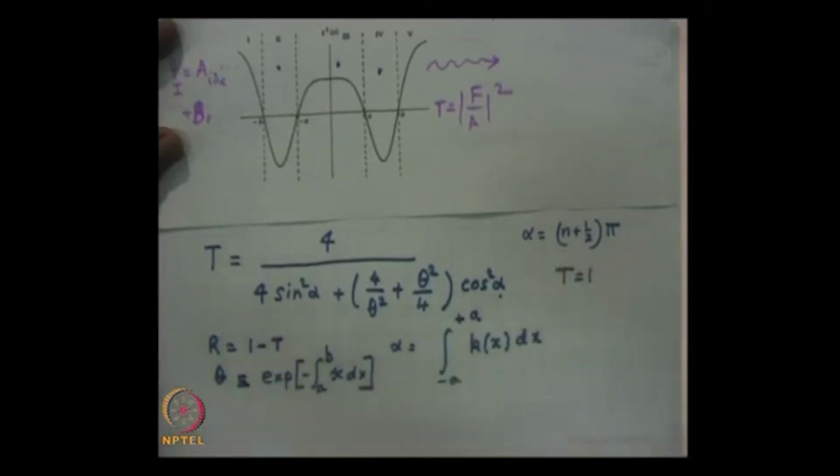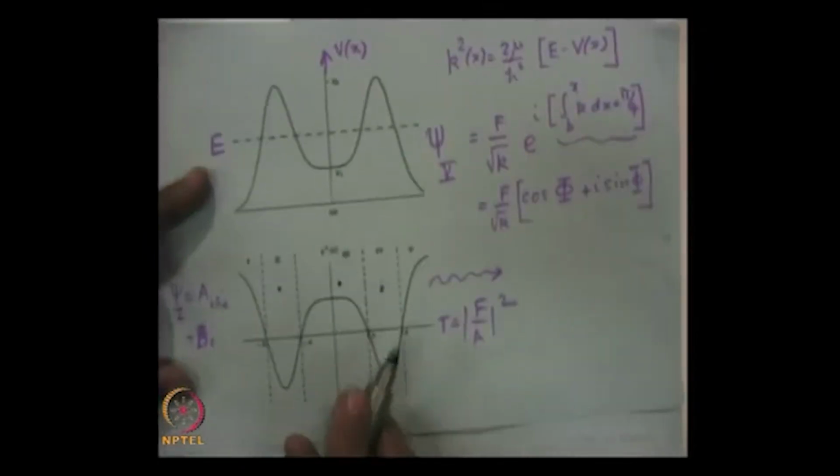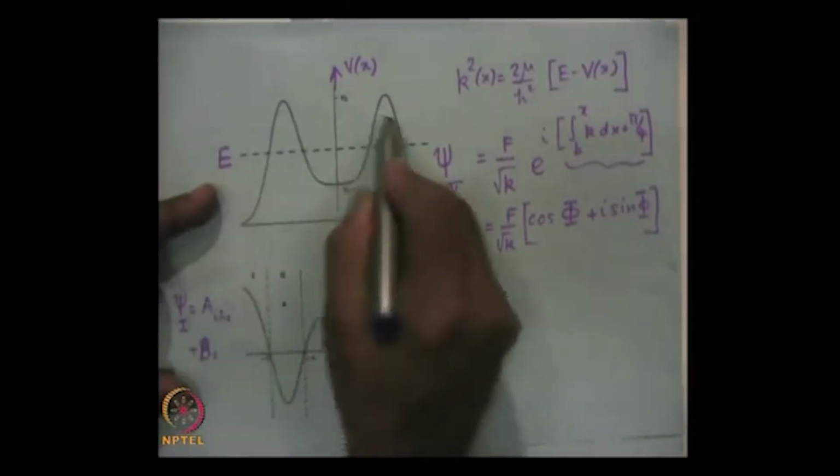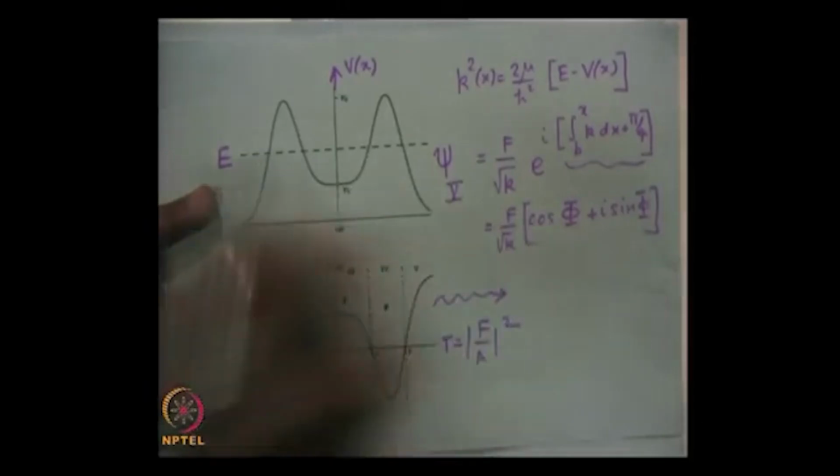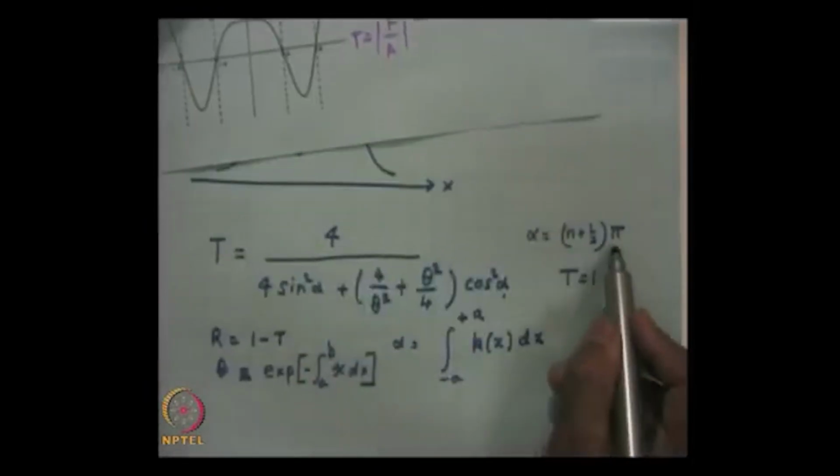These are known as the Fabry-Perot transmission resonances, and no matter what the shape of the potential variation be, the transmission coefficient is unity. These correspond to alpha equal to n plus half pi.